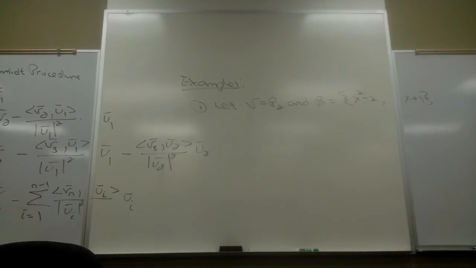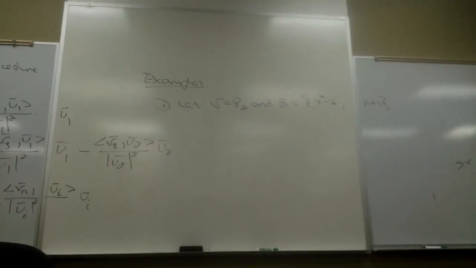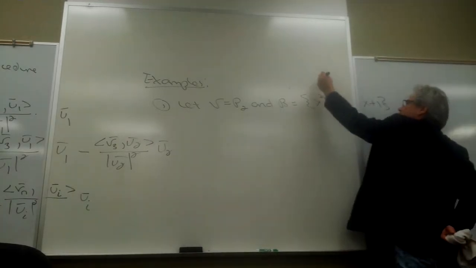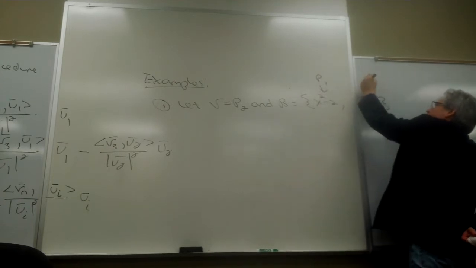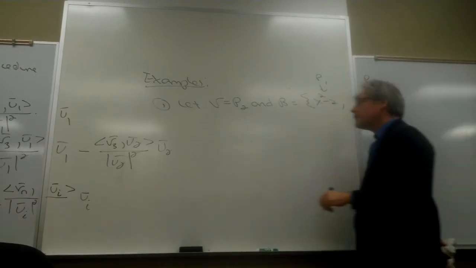They actually form a subspace of P2. I want you to create a whole other basis for the same subspace as the space that B spans, but with a set of orthogonal vectors, using the Gram-Schmidt procedure. So if you allow me to refer to this piece right here as P1, this piece right here as P2, I'm really trying to create a set of vectors Q1 and Q2.